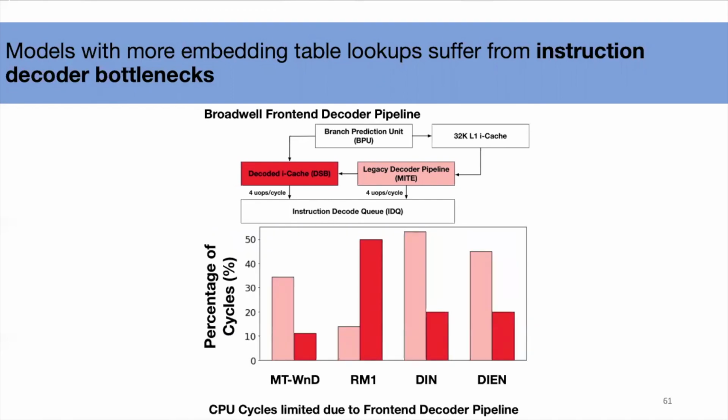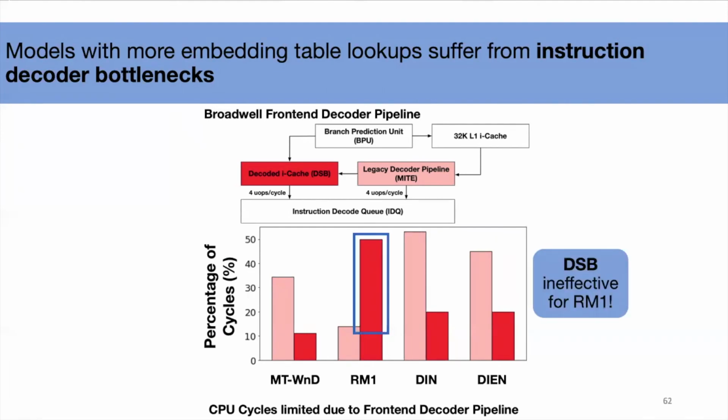Now shown in this graph are the percentage of cycles in which the CPU is limited by a specific decoder component. Basically, what we're showing here is the cycles when the specified component was not outputting an optimal number of decoded instructions for the backend to use.